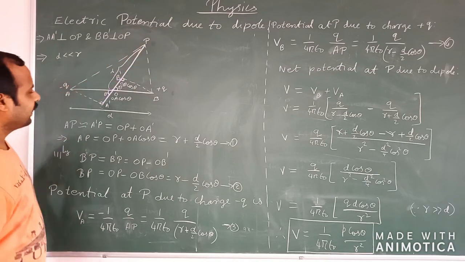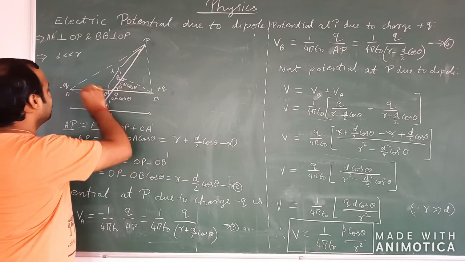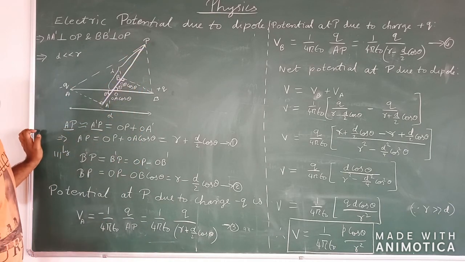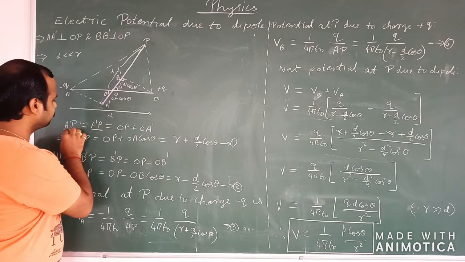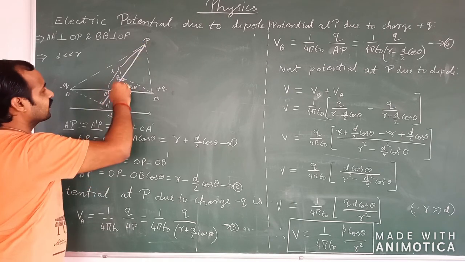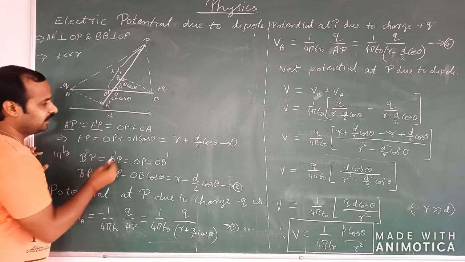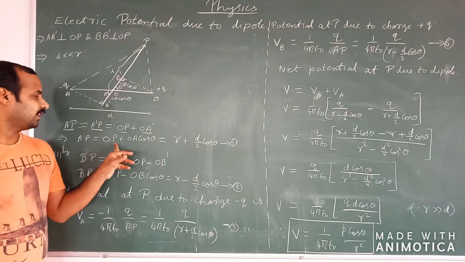In such a case, I can safely assume that AP and A dash P are almost one and the same. So I can write A dash P as OP plus OA dash. Right? So OP plus OA dash we have taken, and OP I write as it is.